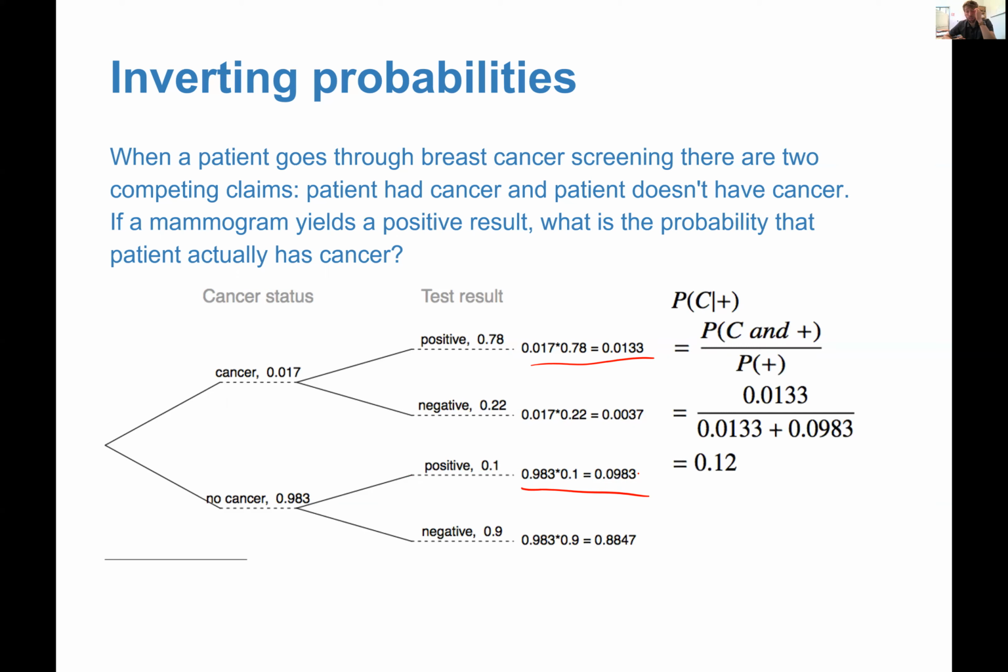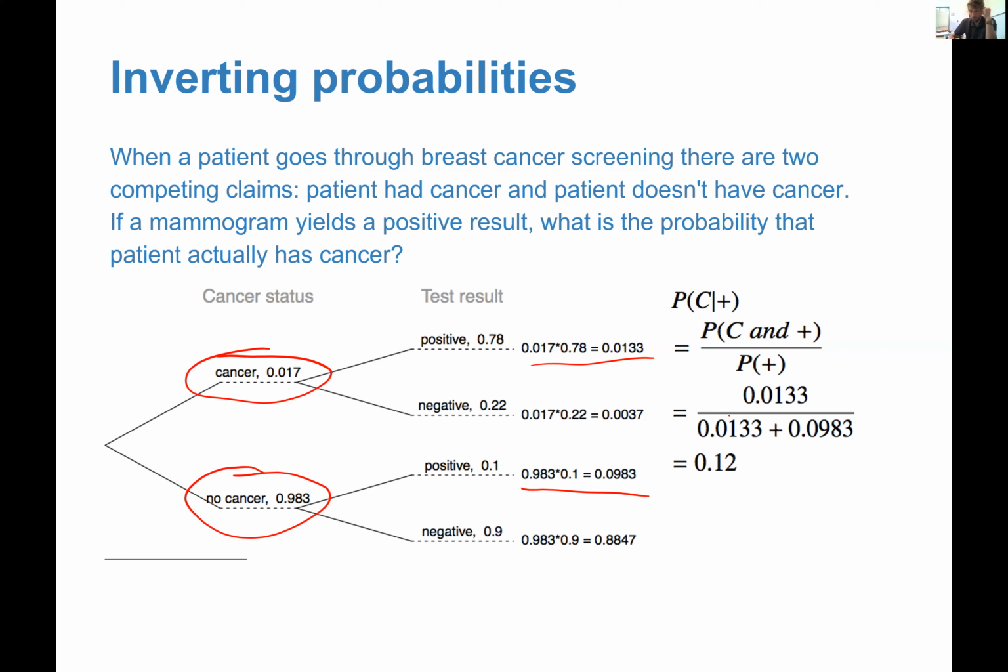So that means if a woman goes through one of these mammograms and tests positive, there's still only a 12% chance that she has it because of the imperfection of the test, and because there are so many more people who don't have cancer compared to people who have cancer.